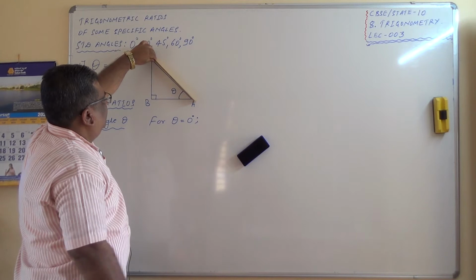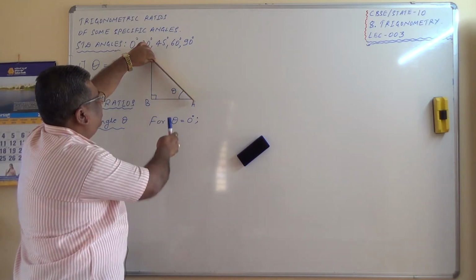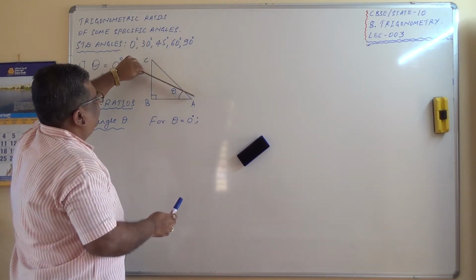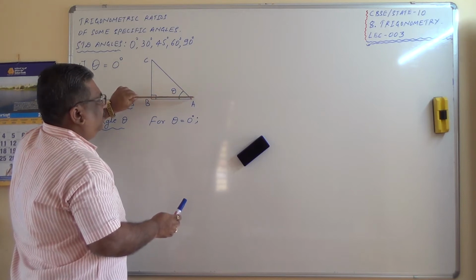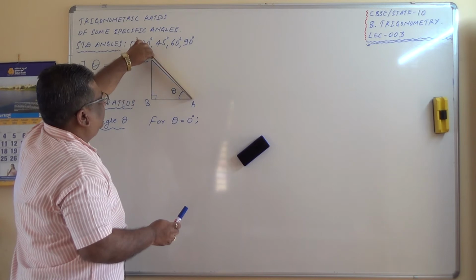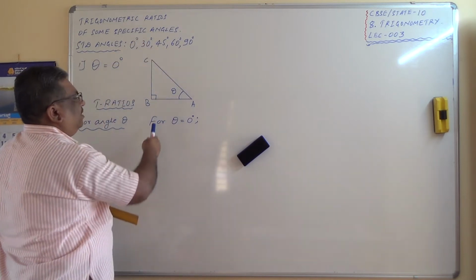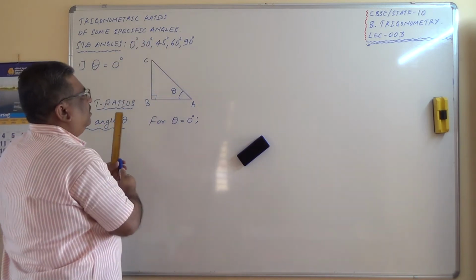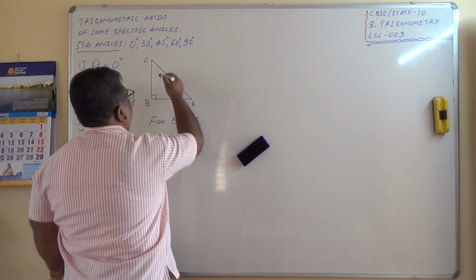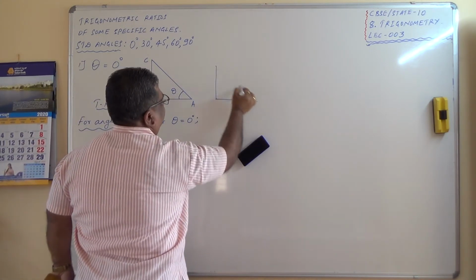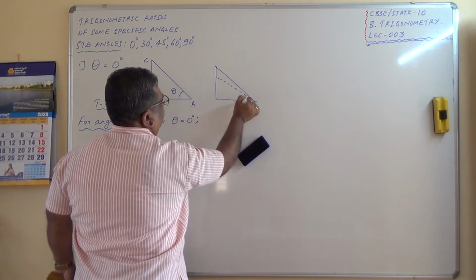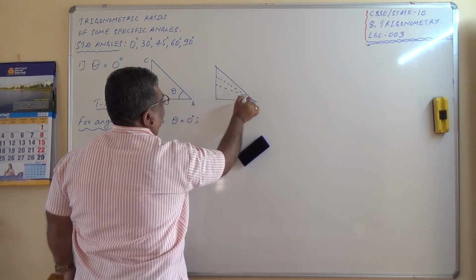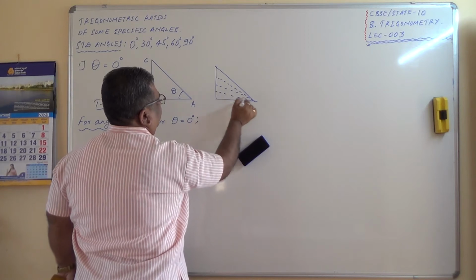When this theta becomes 0, this is how the theta will become 0. You understood? This is theta. When theta will be 0, it is something like this. This goes on decreasing. This is how theta is decreasing, further decreasing.